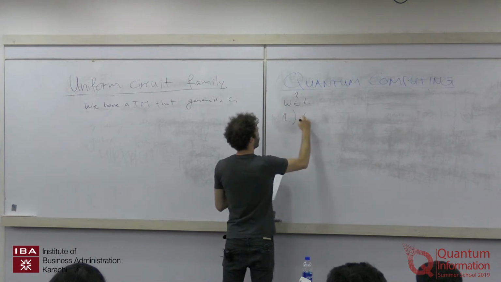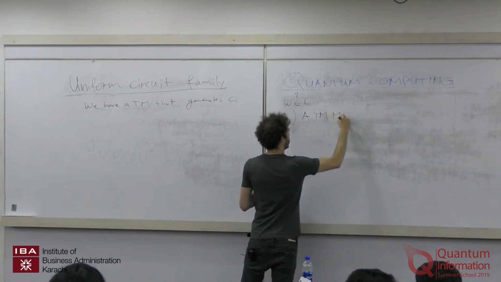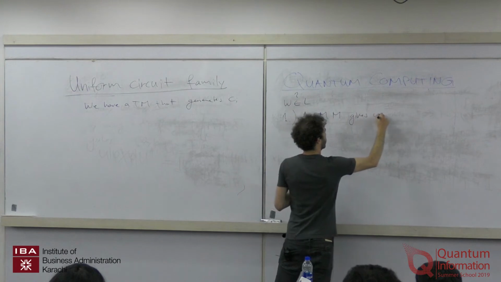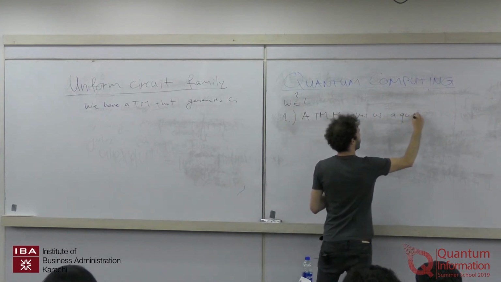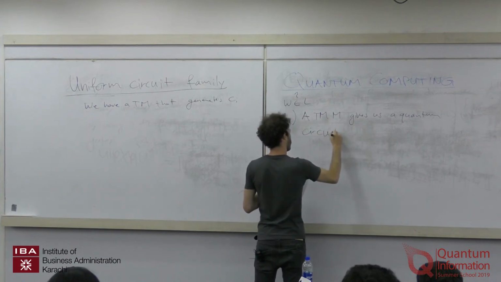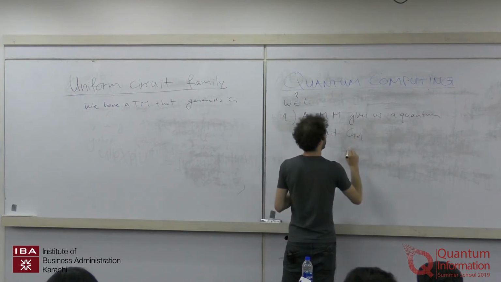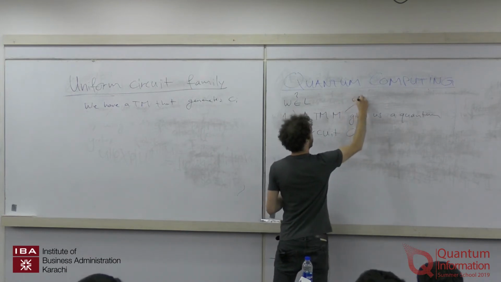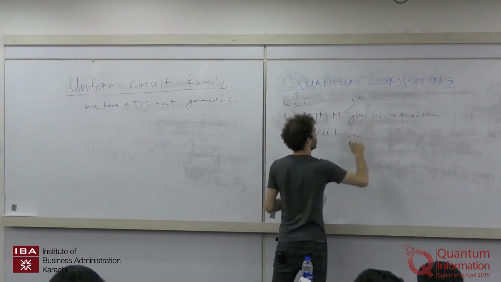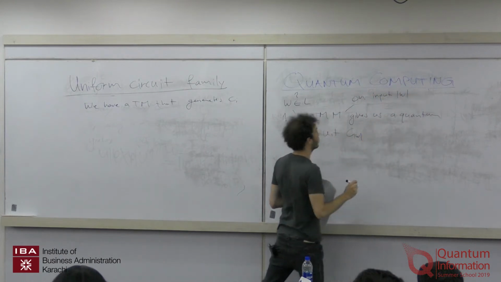So first, we run a classical algorithm, a Turing machine M, on input the length of this word.